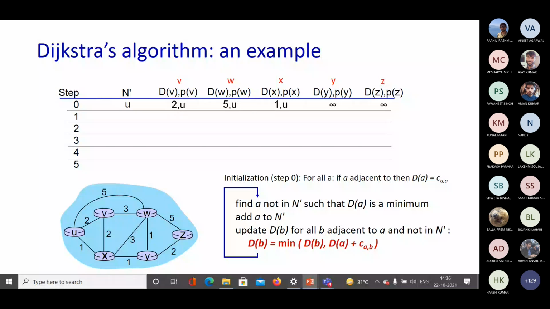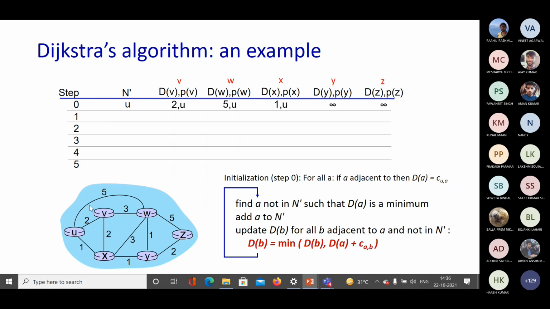Now similarly, you get to W. If you see the direct connecting edge to W, that has a weight of 5. And also if you move from U to V and V to W, that's also going to give you the cost of 5.